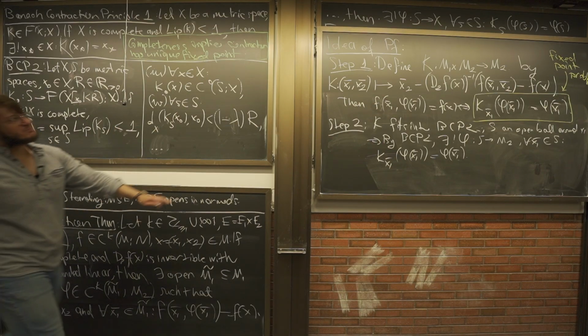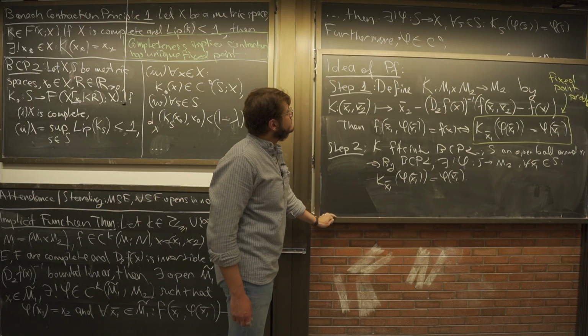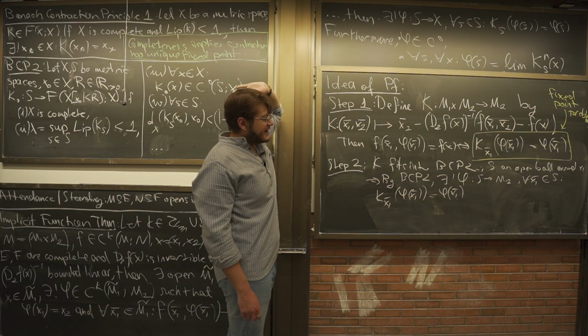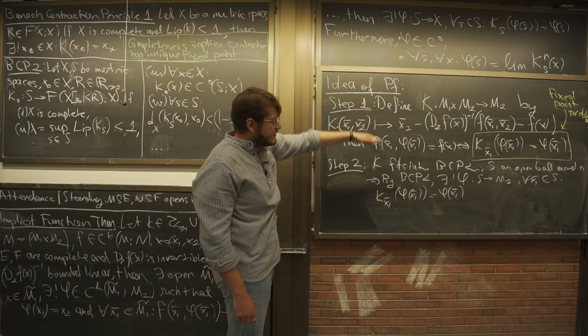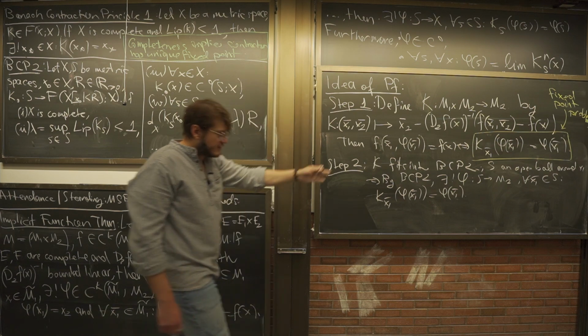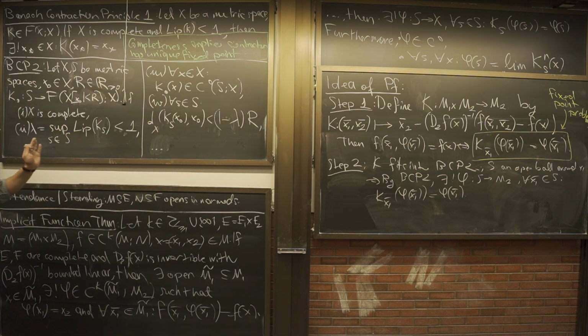And furthermore, again by BCP2, this function is automatically continuous. Phi not only exists, but in fact it is a continuous function. So at this stage, we have a continuous solution for our implicit function problem.